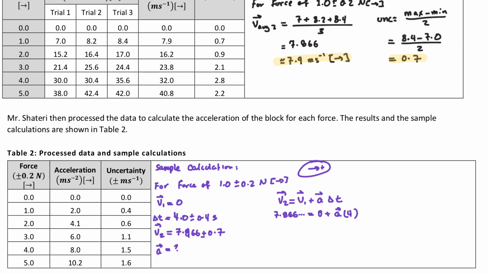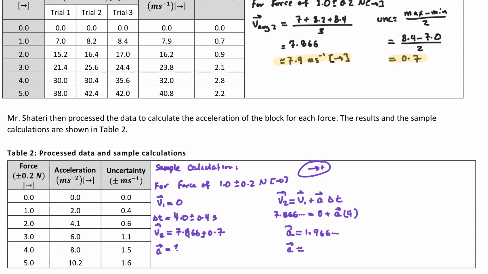And when I rearrange this, I'm going to get A is equal to, and when I divide 7.866 by 4, I get 1.966 repeated, and that ends up being approximately, I have to round.